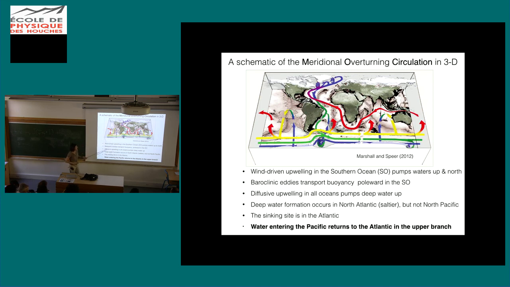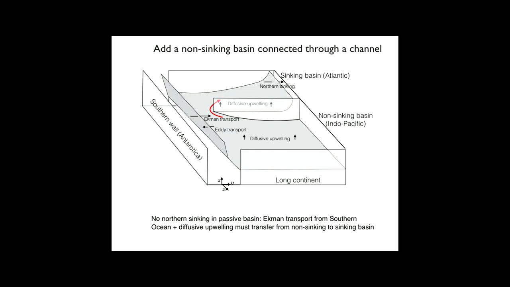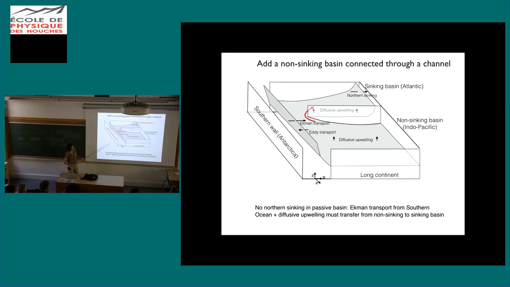Because one of the reasons you might ask yourself is, well, why isn't there a mid-depth overturning in the Pacific? It's very cold. Actually, the temperatures here are colder than in the Atlantic, but it's a lot fresher. And so it is the salt. And why is it that it's saltier in the Atlantic than in the Pacific?